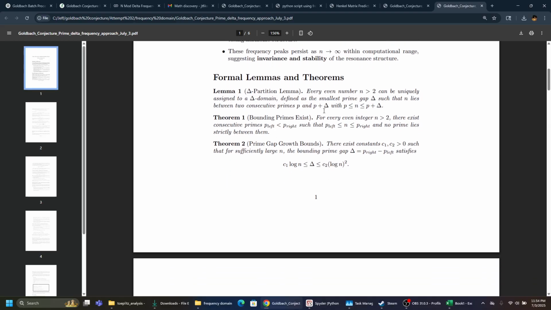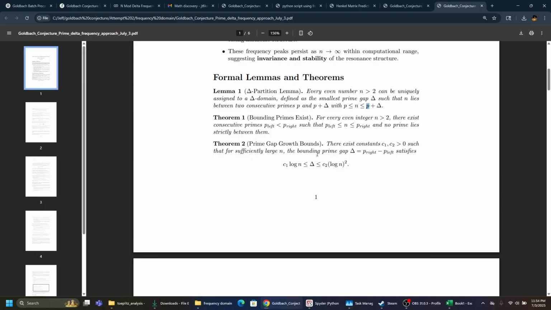For every even number, it can be uniquely assigned to a delta, which is a prime number domain, defined as the smallest prime gap. All it's saying is, if you take the prime number that's less than the even number, and the next prime number above it, you have this delta.